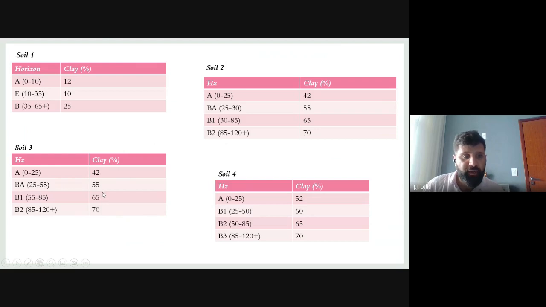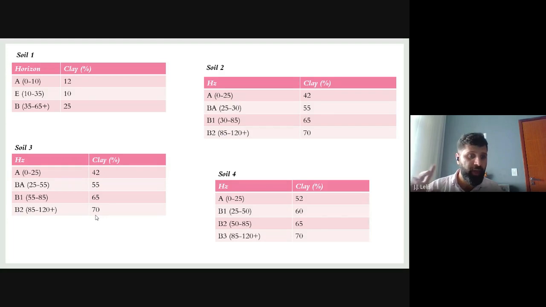But we could see the clay content is increasing here. Okay, I agree with you. But it's not following the diagnostic criteria. So, however the clay content is increasing with depth, it did not follow the diagnostic criteria to identify an argic horizon.